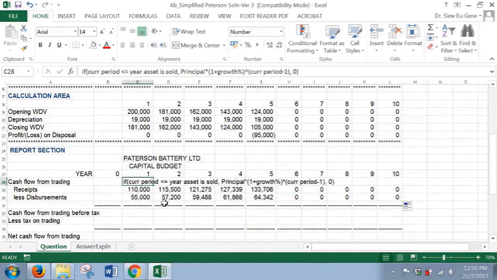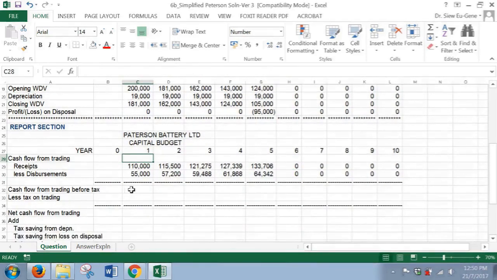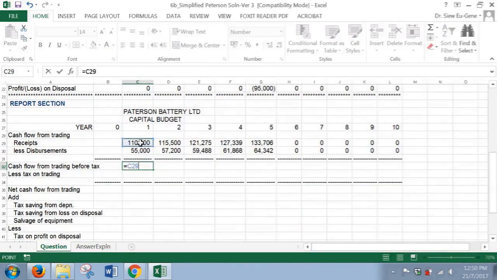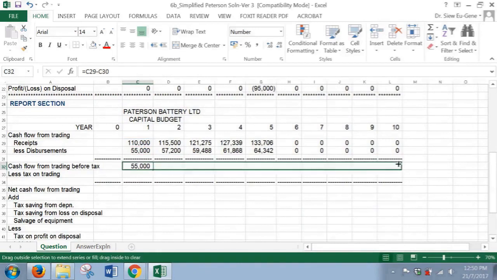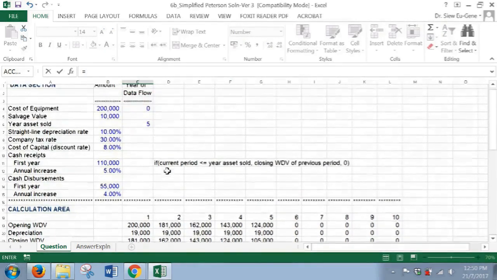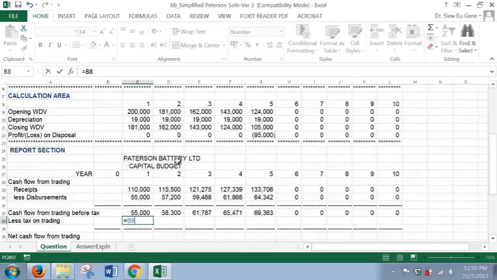All right, I'll just delete this. So cash flow from trading before tax is just basically your cash receipts minus the expenses. Then drag across. Less tax on trading is just basically the tax rate, which is 30% paid to the government.